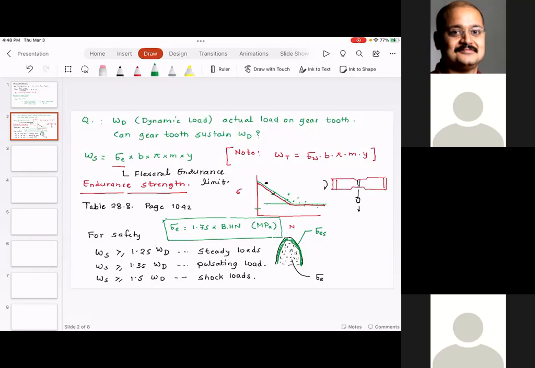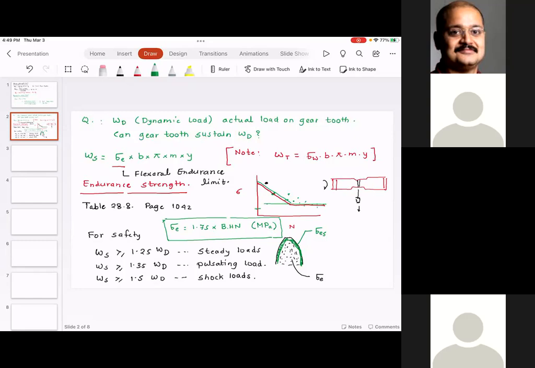Because please understand, the endurance strength is a function of hardness. So if you see that the strength that you need is greater than what is given for that particular hardness, then you can simply say that we would add a heat treatment, or we would harden the material, or use some type of annealing or heat treatment that would give us more flexural strength. So as a designer, you have different options.